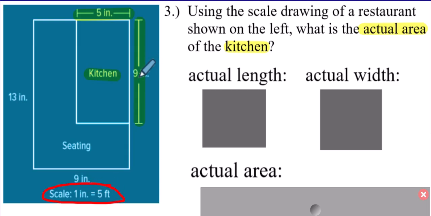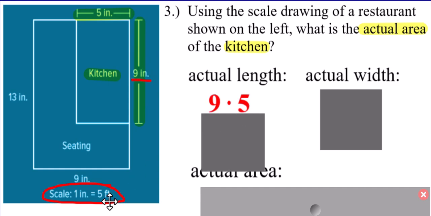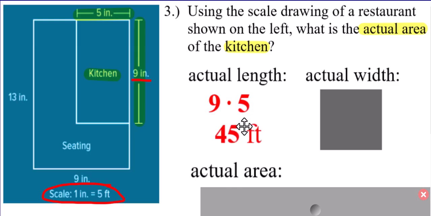Okay, so actual length, we need to take 9 inches and multiply it by 5 feet, because every 1 inch equals 5 feet. So we have 9 inches, so 9 times 5, you're writing this down, and we don't need a calculator for that. We know 9 times 5 is 45 feet. So notice that's feet, not inches, because every 1 inch equals 5 feet, so this is 45 feet.